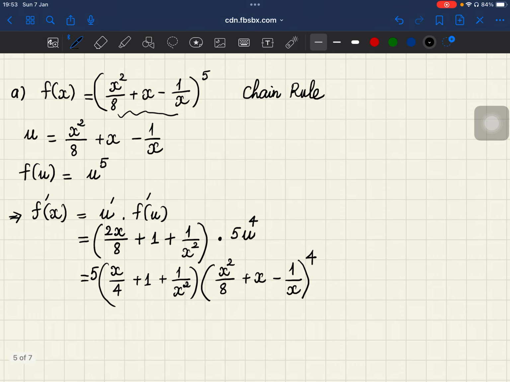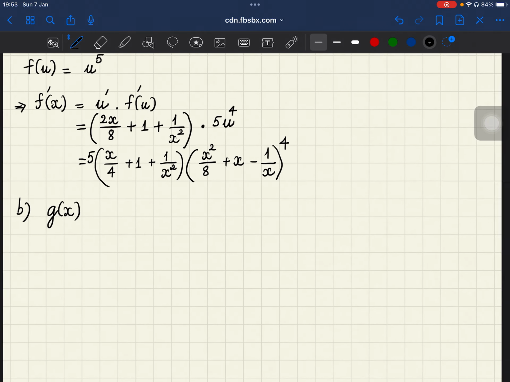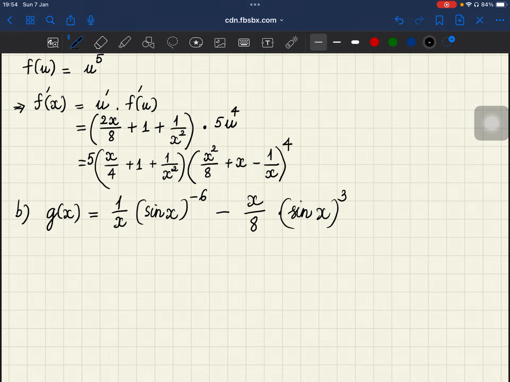Okay, that is question A. Question B, we have g(x) is equal to 1 divided by x times sine x to the power negative 6, minus x divided by 8 multiplied by sine x to the power 3.